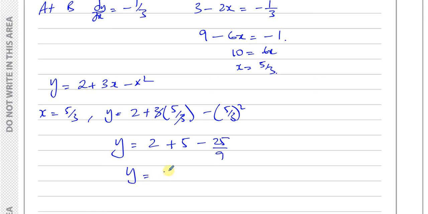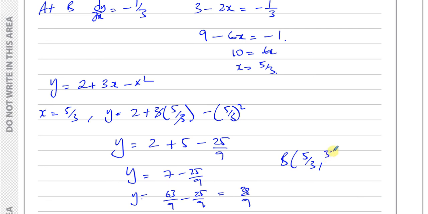So y is equal to 7 minus 25 over 9, which is 63 over 9 minus 25 over 9. So you get 63 minus 25, that's going to be 38 over 9. So we say the coordinates of B are 5/3 and 38 over 9. And there we have the answer to that question.